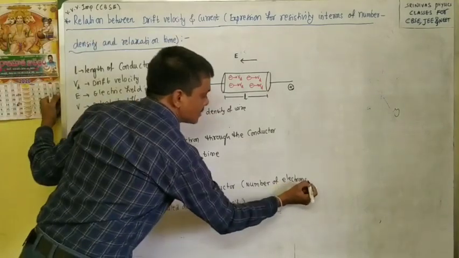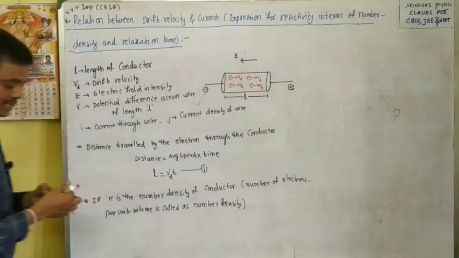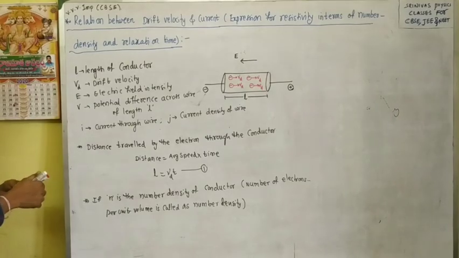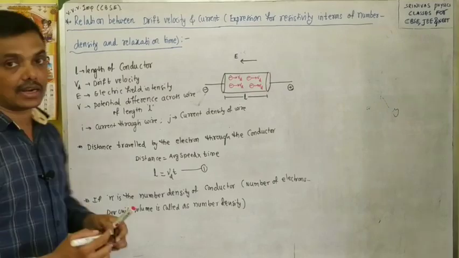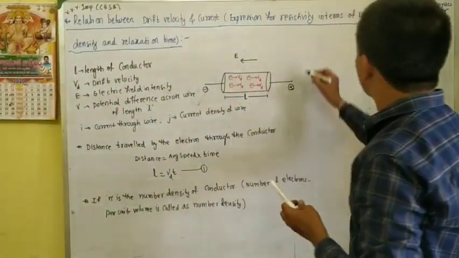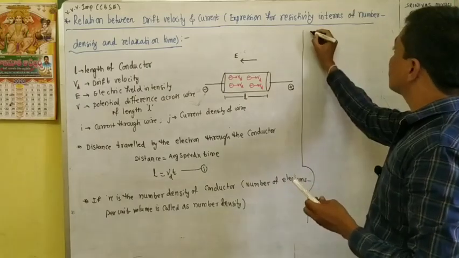Now, n is the number density, so how many total electrons are present in this wire? For example, if capital N is the total number of electrons in the wire, what do we get?